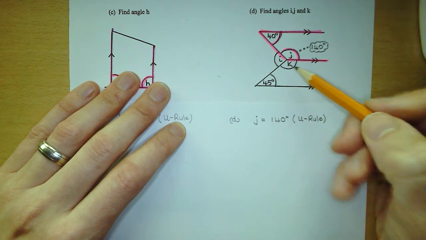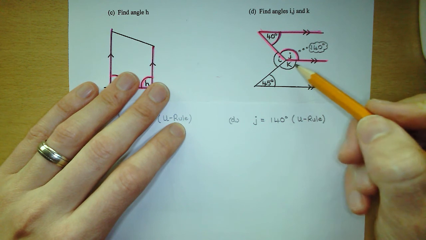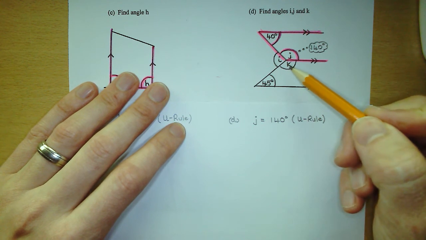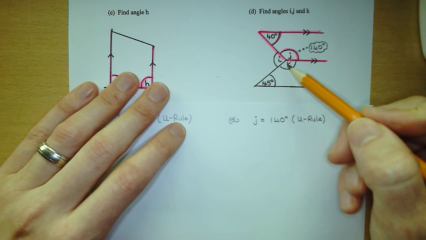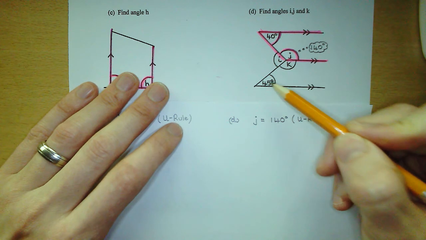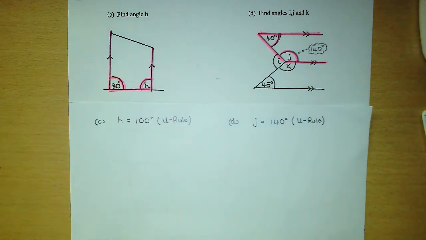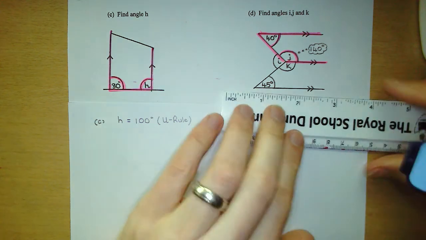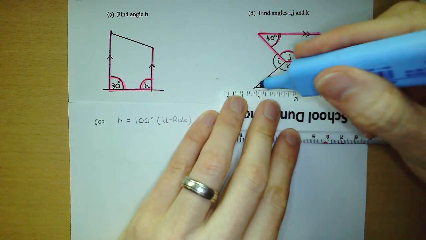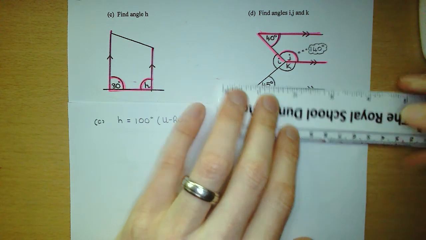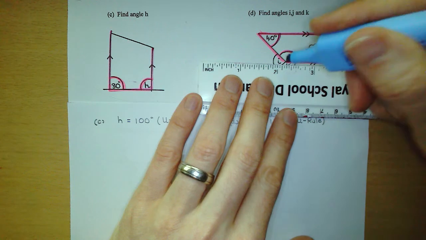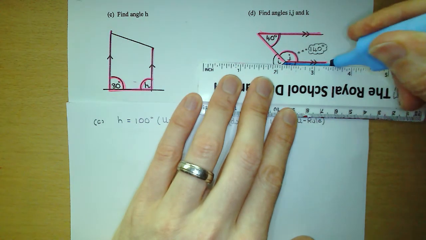Now, we could try and get angle K by doing the same thing. This time we're going to draw a suitable letter U such that K and 45 will be interior angles. So again, I'm going to trace over the bottom parallel line, the middle parallel line, and then the line connecting them.